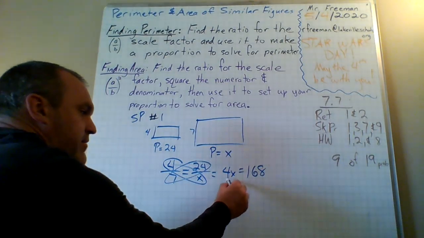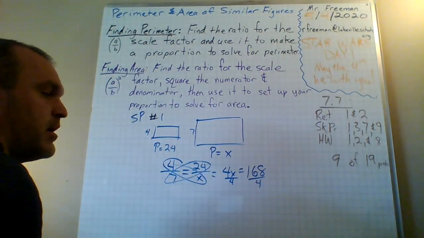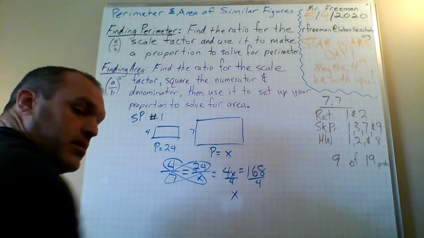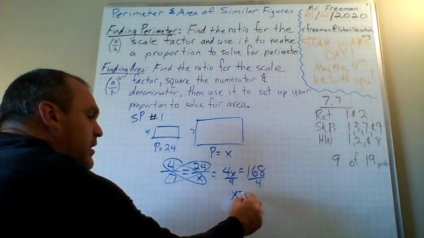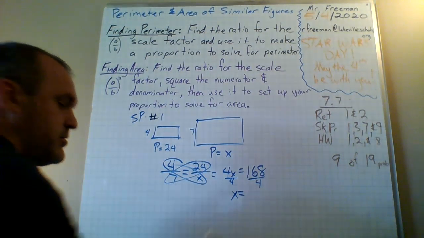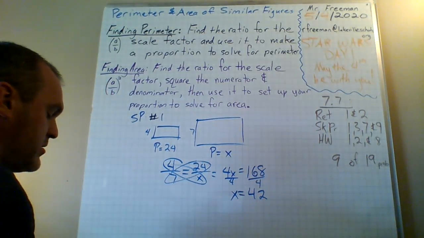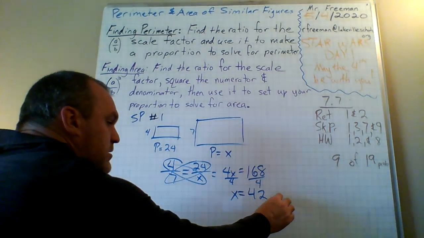Okay, so I divide by 4. And I'm going to get x, am I still on the screen yet? X equals 168 divided by 4 equals 42. And those dimensions are in meters.